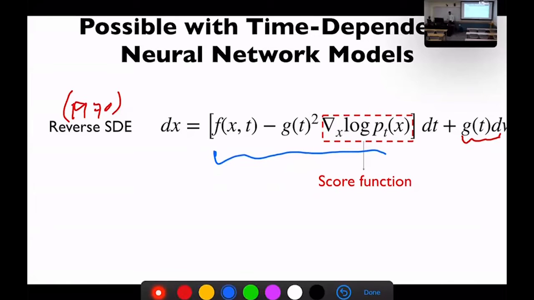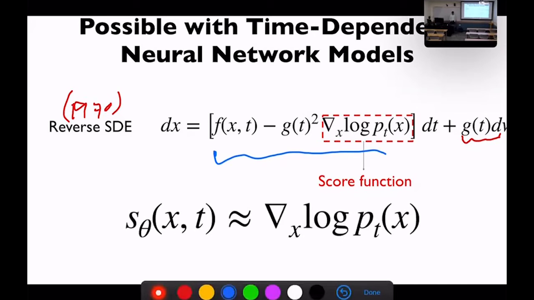To formalize that, you need this notion called the score function, which is nothing but the gradient of the log density of the input data at time t.